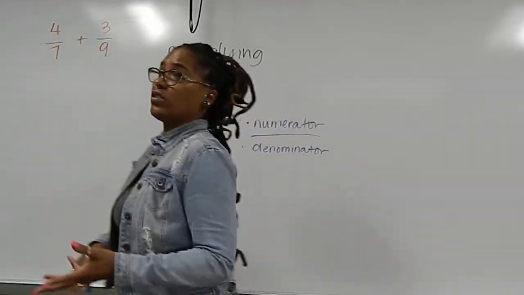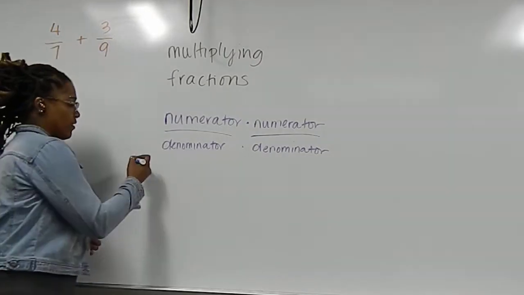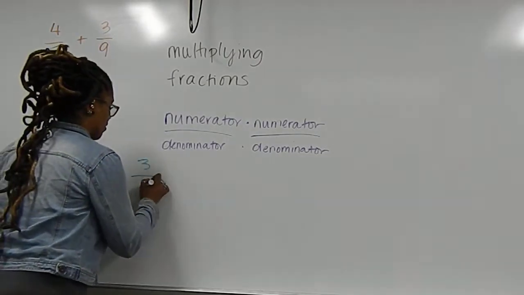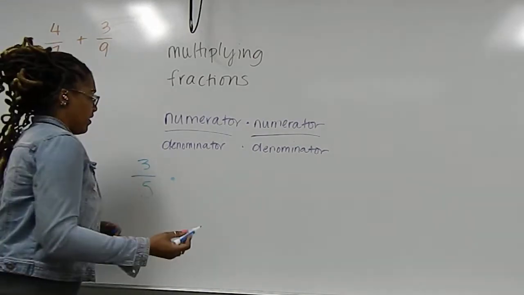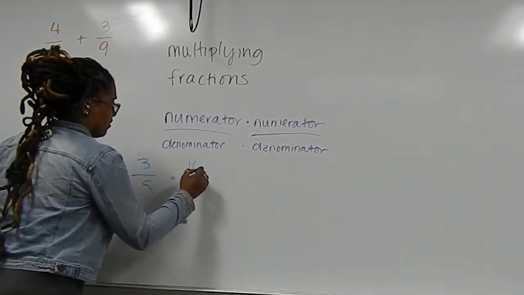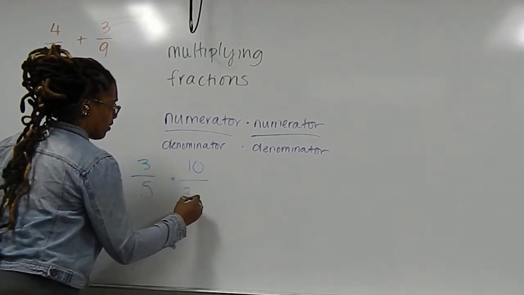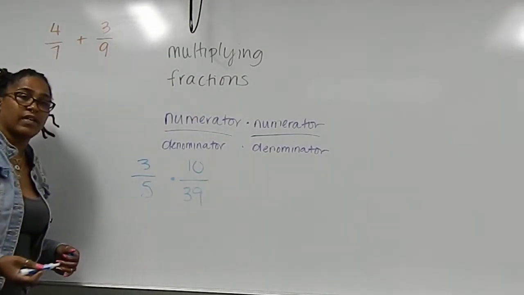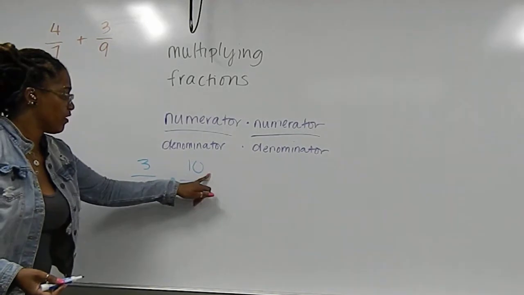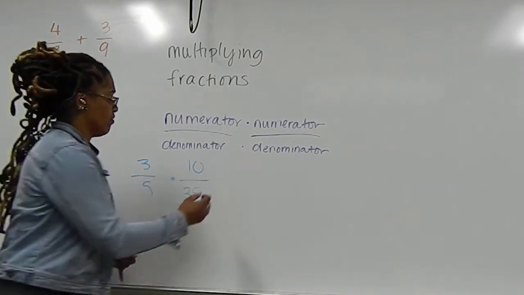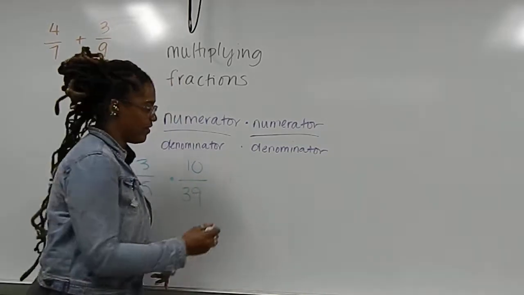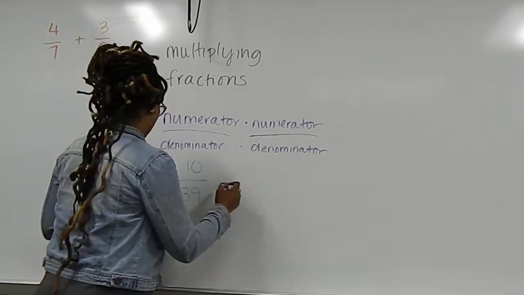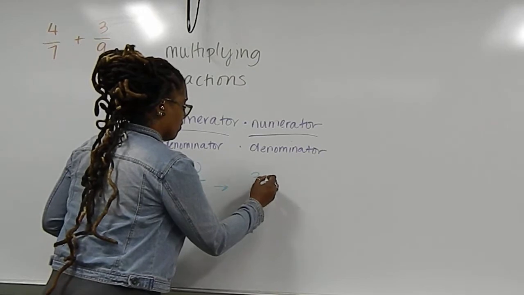So real quick, let's just say we're multiplying 3/5 times, let me find something that works, we'll say 10 over 39. So technically we would do numerator times numerator, 3 times 10, that equals 30.